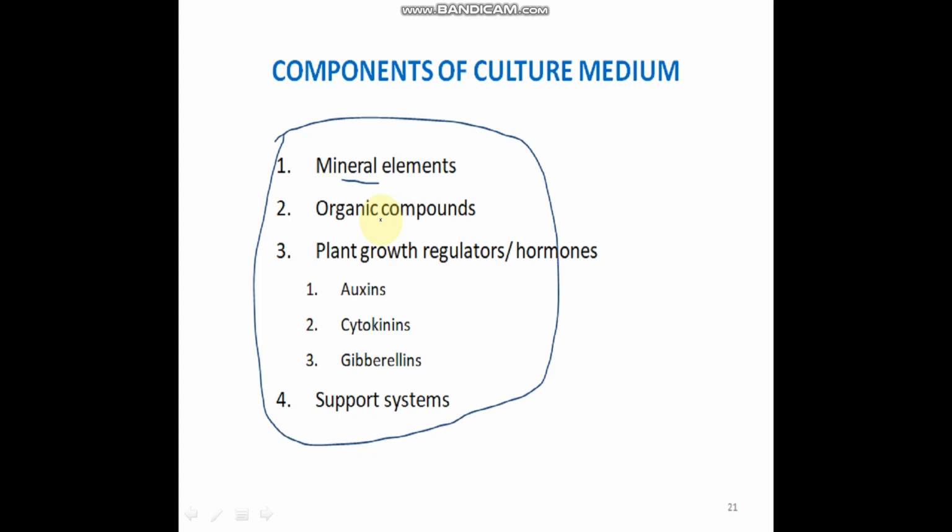You also add organic compounds such as charcoal, and hormones such as auxins, cytokinins, and gibberellins to help them grow root and shoot. The support system replaces soil; in this case we use agar, because agar is hard, so it helps your plant to stand on its stem.